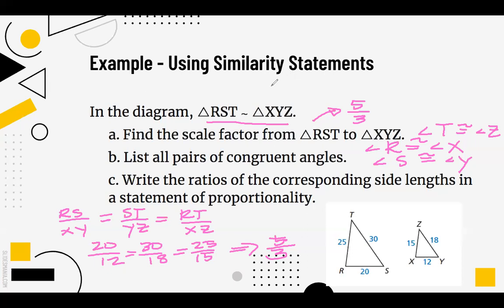18 is 3/5 of 30, right? So wouldn't it be 3/5? But you have to go in the order of your similarity statement. It's always this one compared to this one.